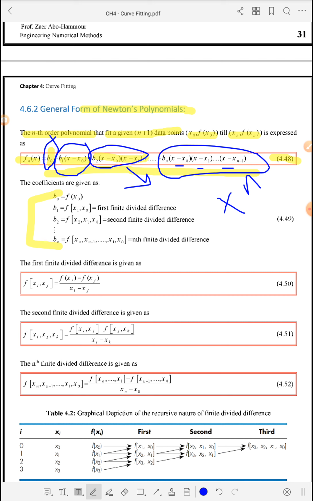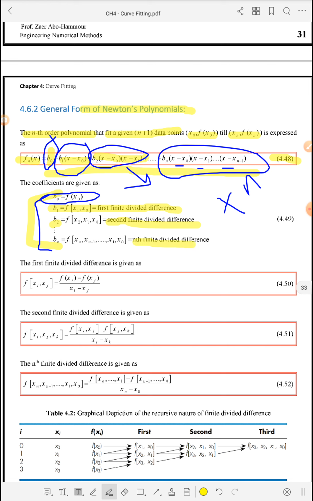So as I mentioned previously, all of the b's here are constants, they are numbers. b naught is f of x naught, while b1 is the first finite divided difference, and we give it the symbol f of square bracket x1 x naught, while b2 is the second finite divided difference, and we give it the symbol f of x2 x1 x0.